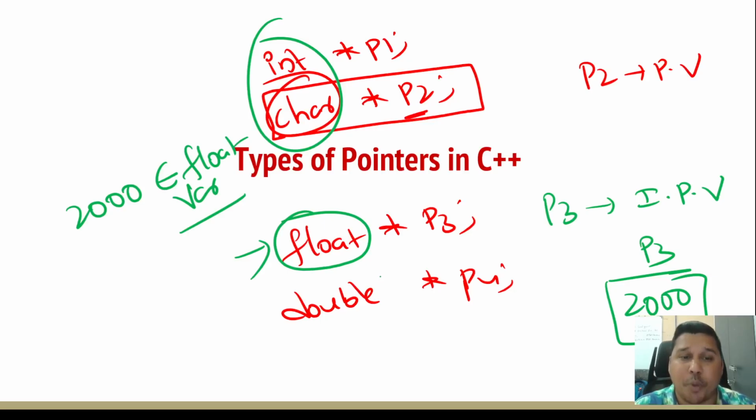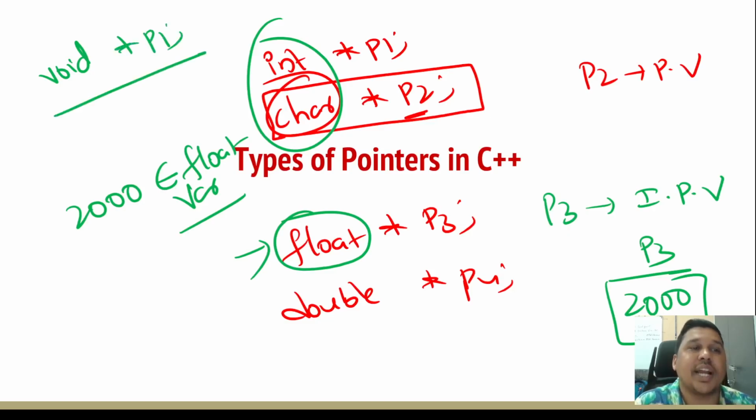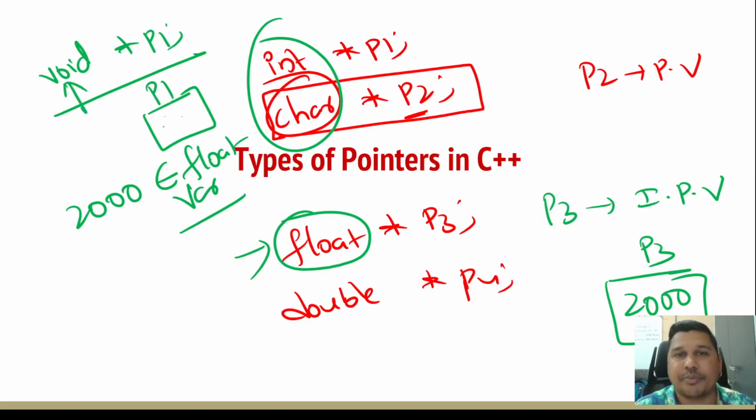Now, what is a void pointer? Void pointer means void star p1, like this we can declare void star p1. It means p1 can store address. Generally, if I have something like int, char, float, we say p1 can store address of this data type, right?